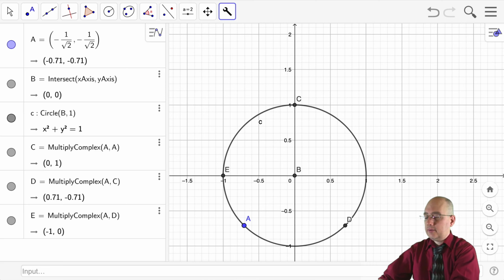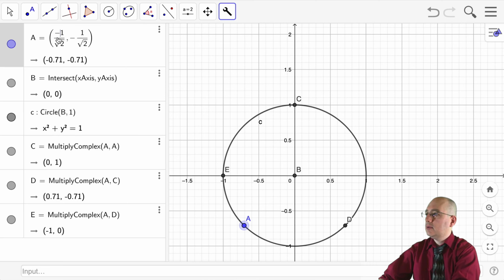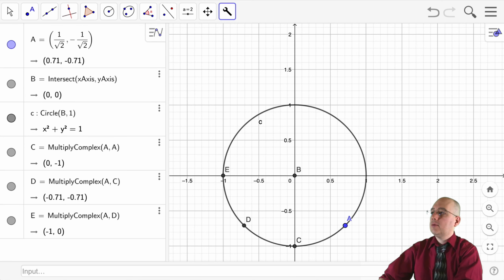And then the last one to try out is the one that starts in the fourth quadrant. There we go. A squared is this point C, and that's minus I. A cubed goes here, and then a to the fourth. So it's like we're wrapping almost all the way around, except missing just that one little quarter bit, right?